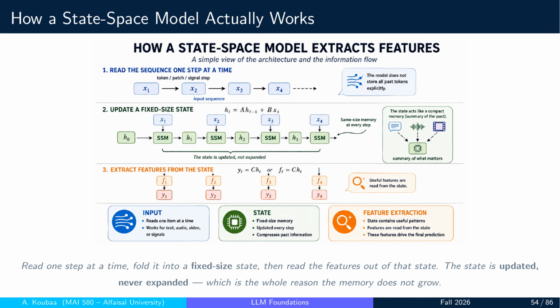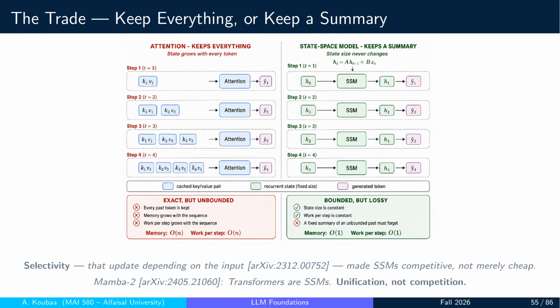If you carry a summary instead of the original text, the quality of the summary becomes the central question. Anything the summary dropped is gone, and no later step can recover it. That is the honest cost, and it is not a small one for tasks that need an exact detail from far back.